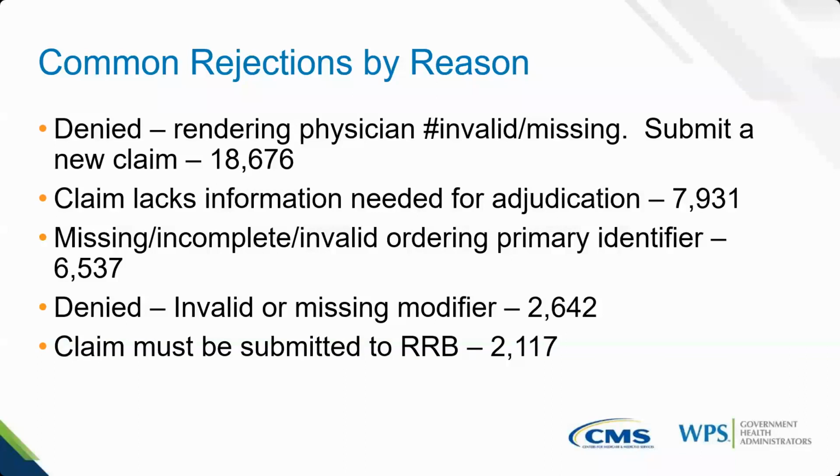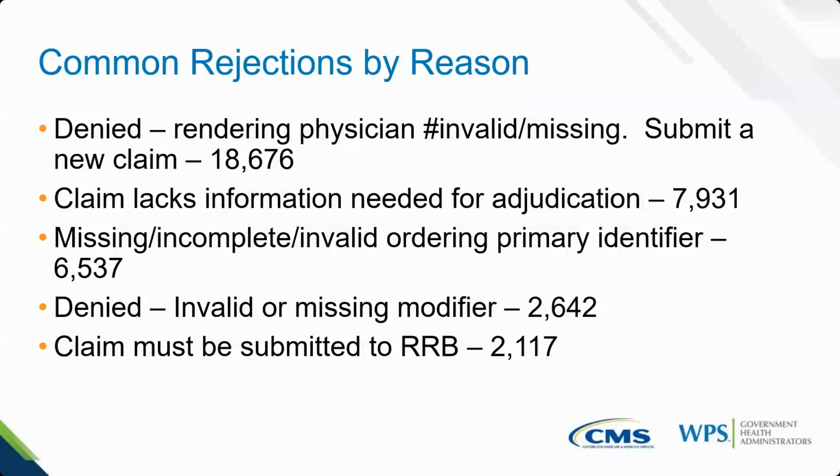This may be a situation where you're going to want to look at the claim form instructions. Those are available in the internet-only manual. There's also a crosswalk that crosswalks the paper claim form to the electronic version claim form to see if something on that claim that's required was missing or lacking.